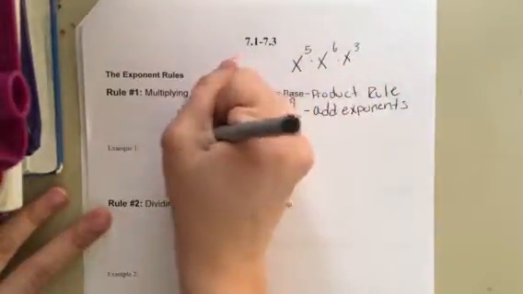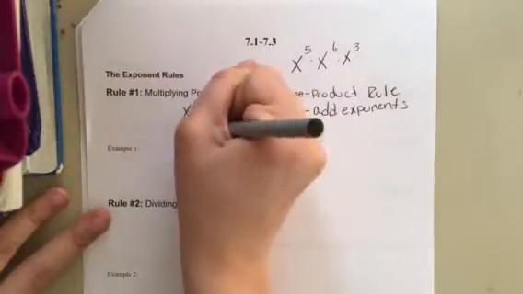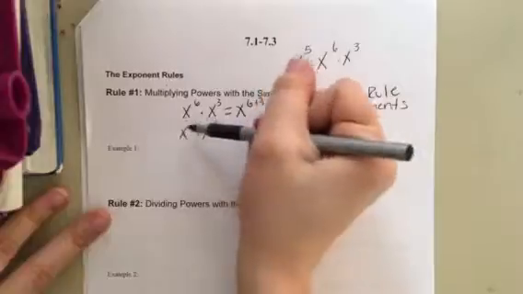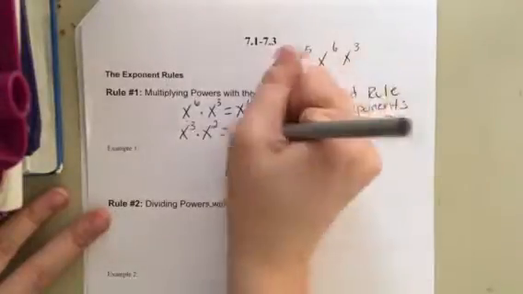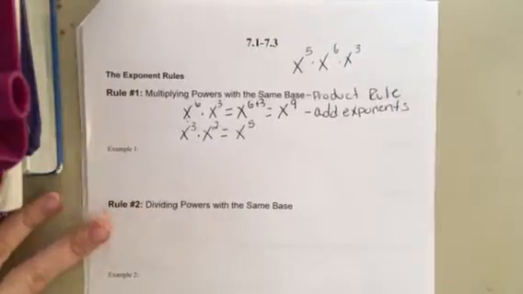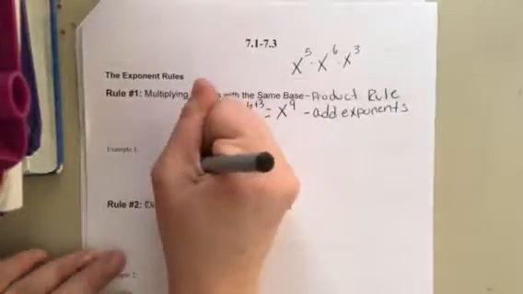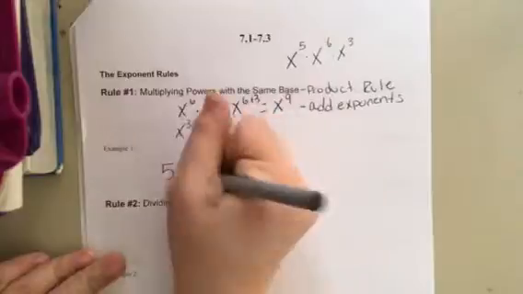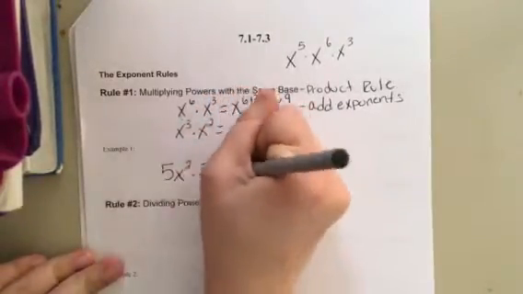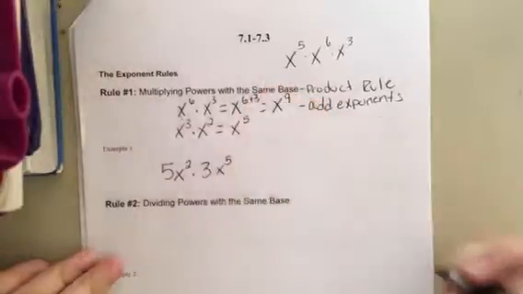Another example would be x to the 3rd times x squared, which is x to the 3 plus 2, which is x to the 5th. There may be times when you are going to have a coefficient in front. Let's say 5x squared times 3x to the 5th.